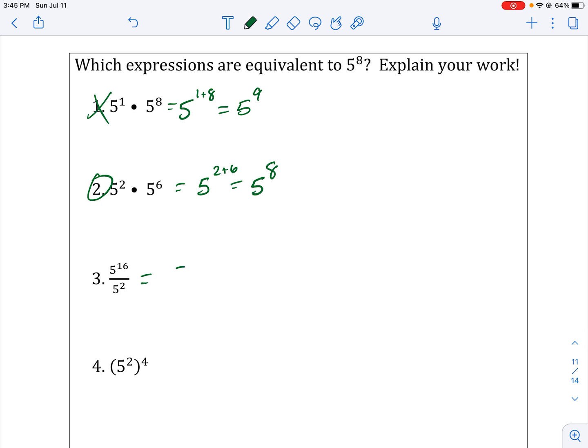When we divide like bases, we take the exponent in the numerator and subtract it from the exponent in the denominator, which gives us 5 to the 14th, which is not 5 to the 8th. So that is not an answer. And when we have a power to a power, we distribute our exponents and we get 5 to the 8th power. So there we go.